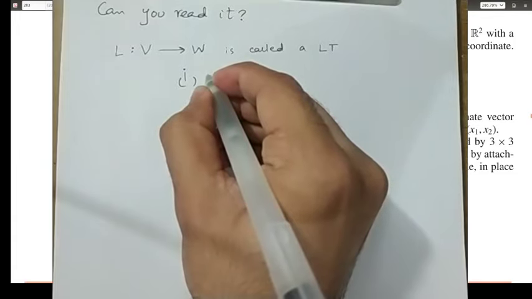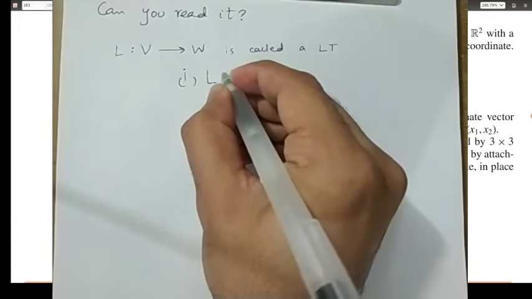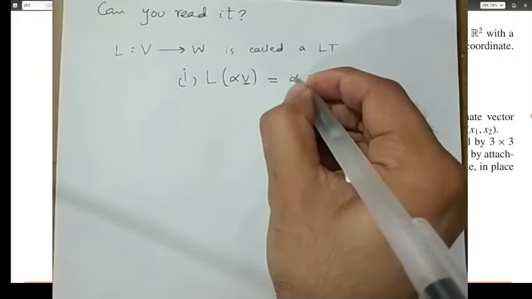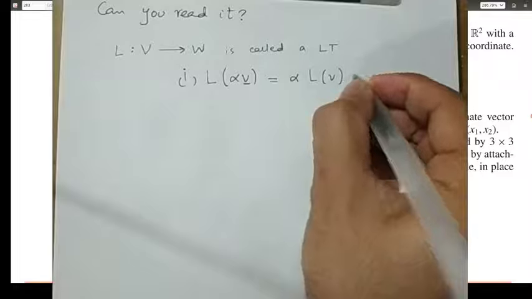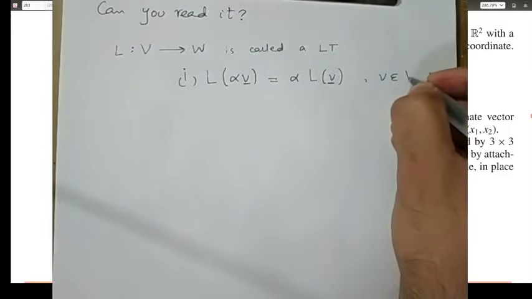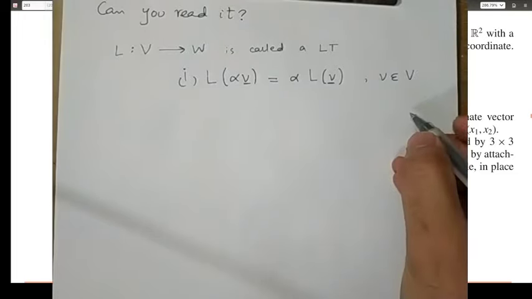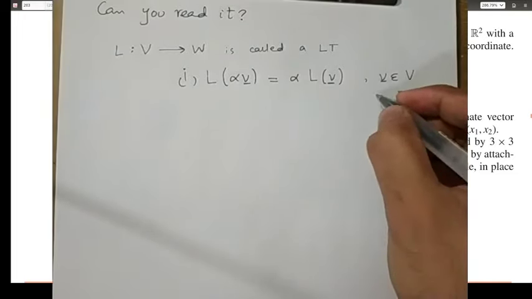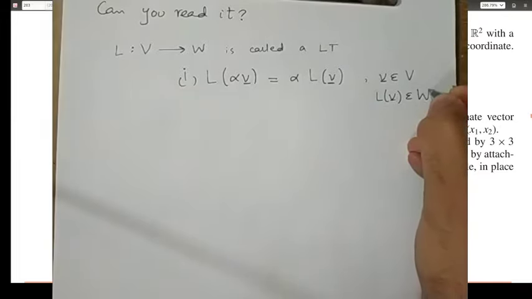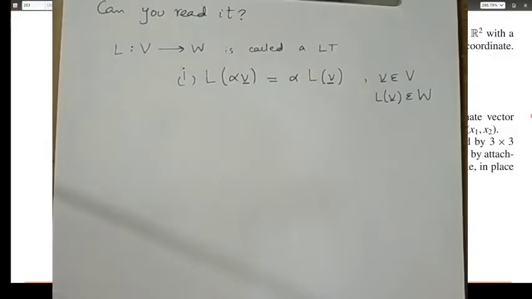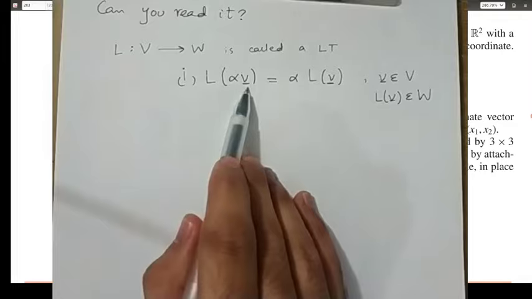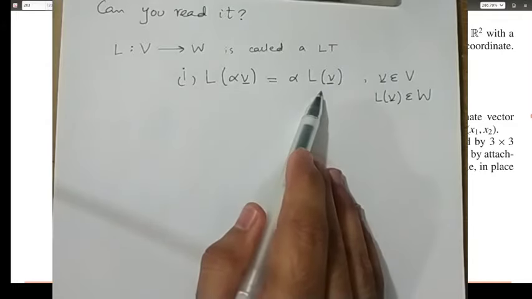First, L of alpha V is alpha L of V, where of course V is a vector that belongs in vector space V, and L of V is the image of this vector V in the vector space W, right? So this was the first condition, that a scalar multiplication should be mapped onto a scalar multiplication.